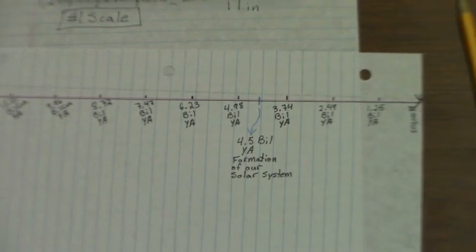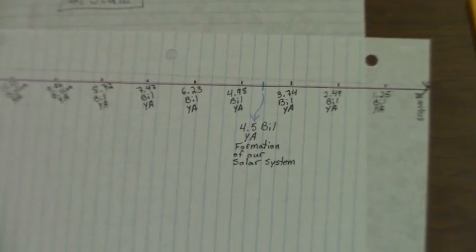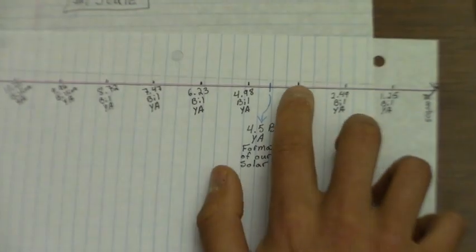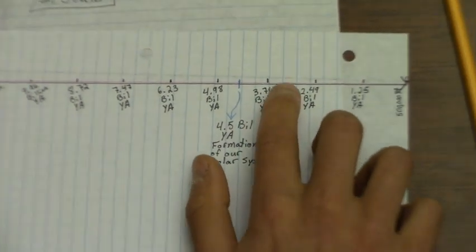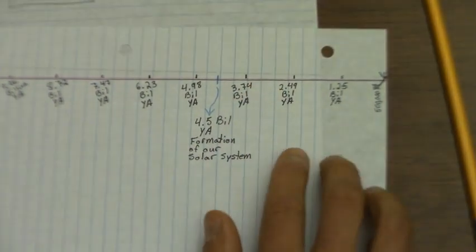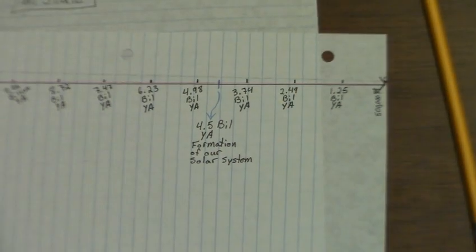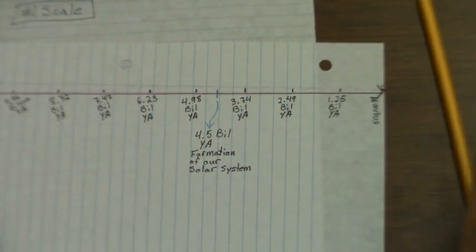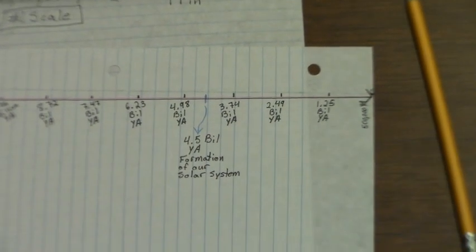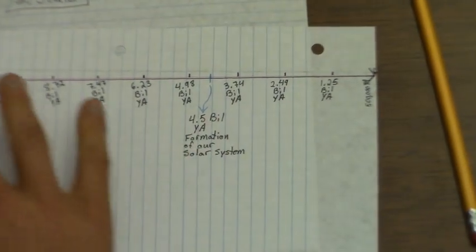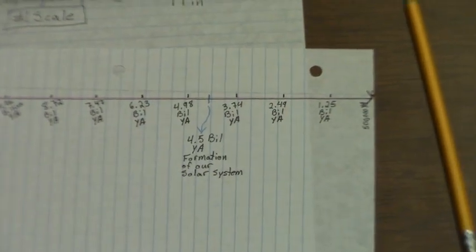Next, we start to get into more recent times, 3.8 billion years and 3.5 billion years and even 2 billion years ago. I think we can still fit at least one or two of these events on our large time frame.